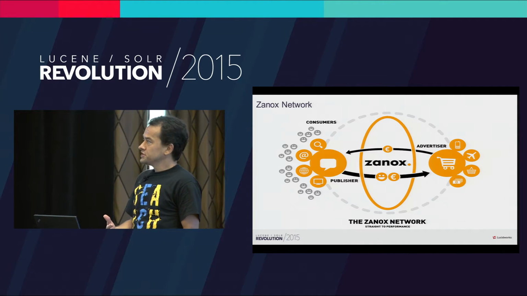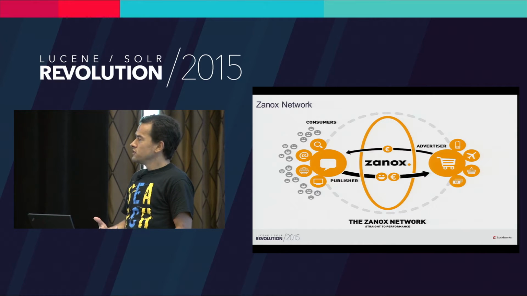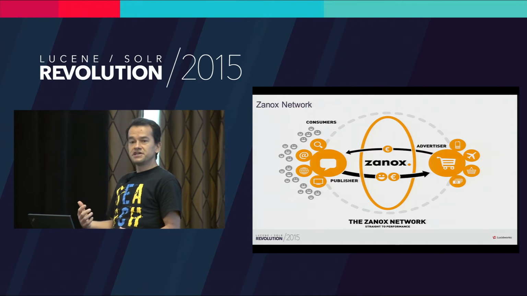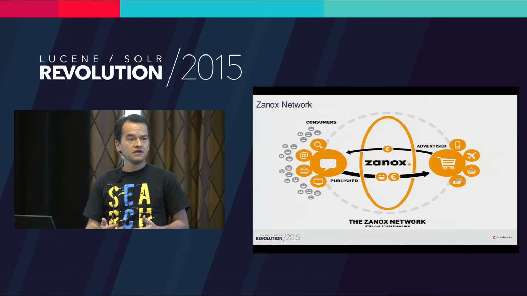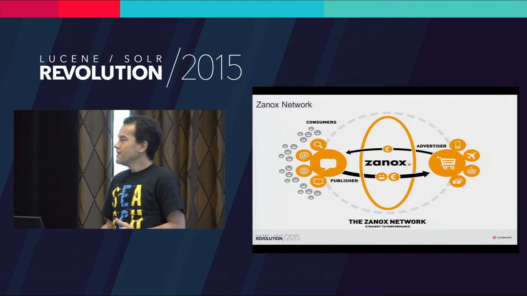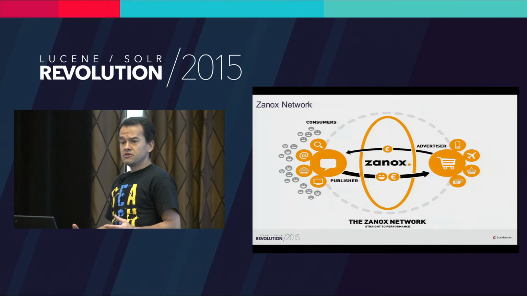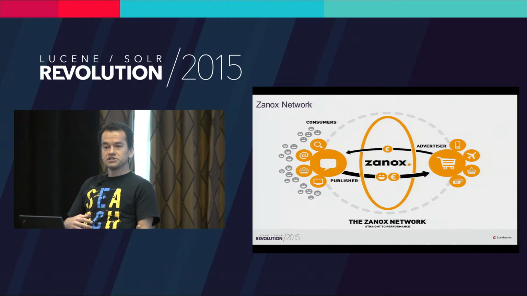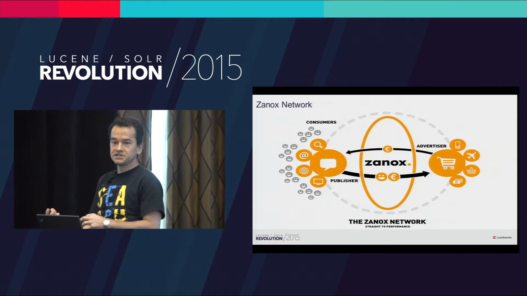And what publishers actually do, they send those visitors to advertisers. Advertisers are online shops that need visitors who are going to buy something. And Zanox is in between, bringing millions of publishers together with thousands of advertisers.